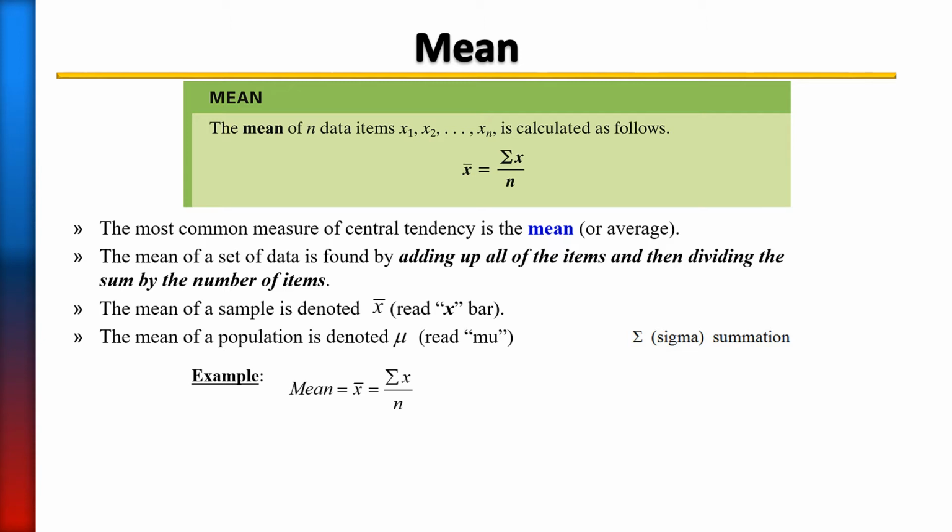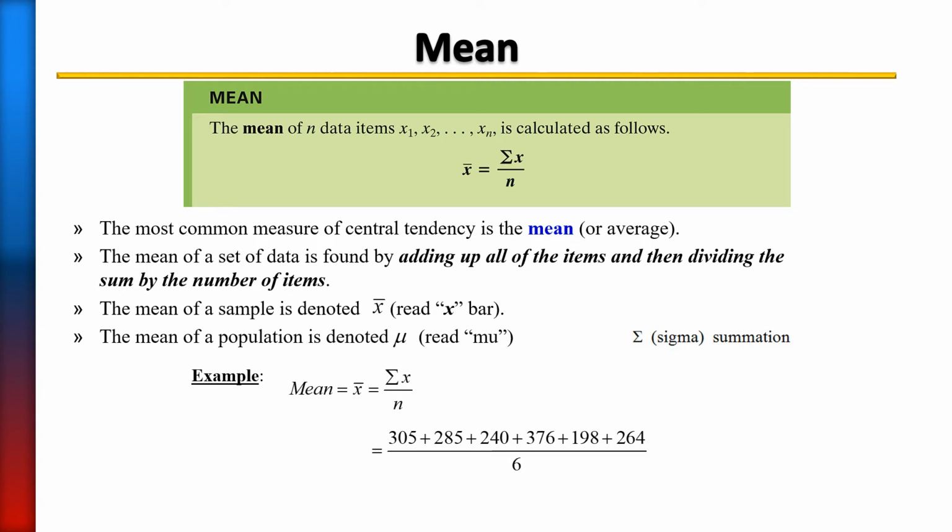Let's say we were given the following data: 305, 285, 240, 376, 198, 264. Now there are 6 numbers, so you add up all of your items and then divide by the number of items. Since we have 6 items, we're going to divide by 6.